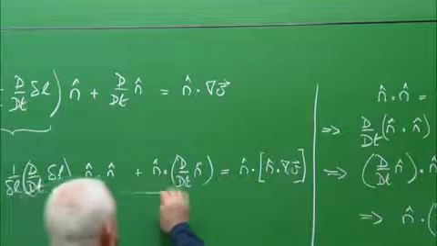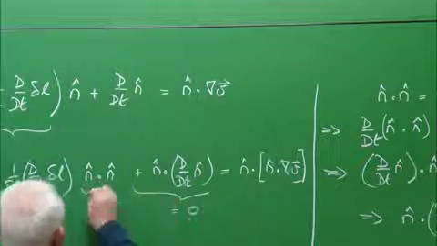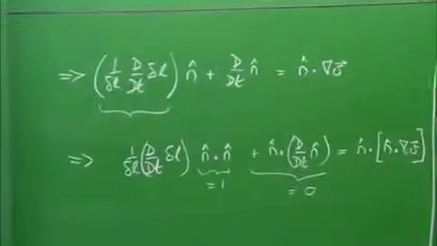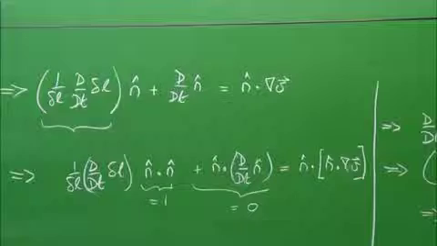This is 0. This is 1. And so I have succeeded in isolating precisely the quantity that I want.